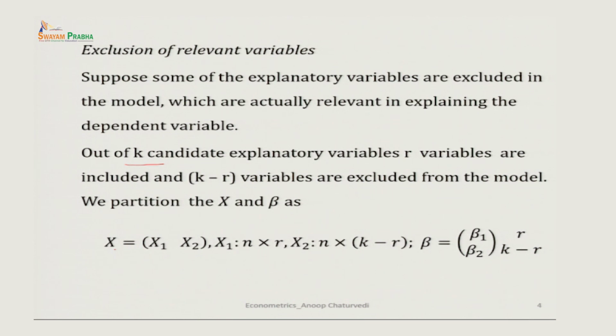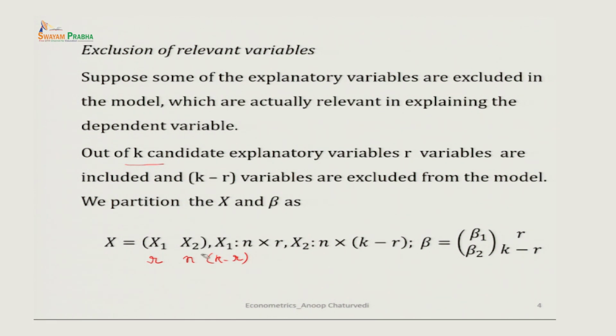Now, we partition X as X 1, X 2, where this X 1 has r columns. So, this X 1 is a matrix of order n cross r, and X 2 is of order n cross k minus r.